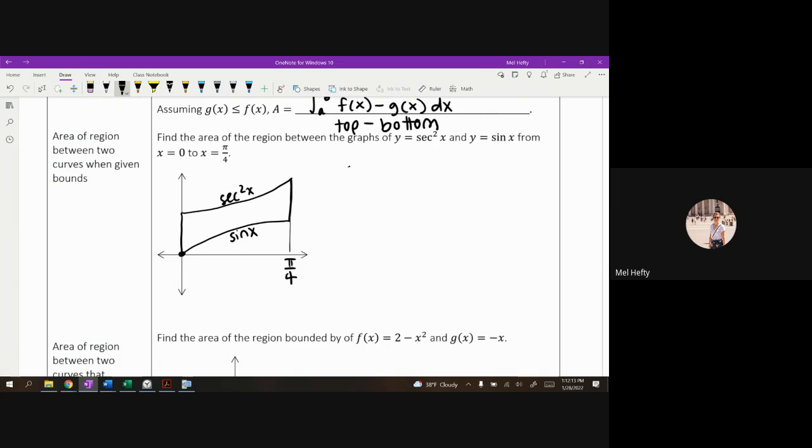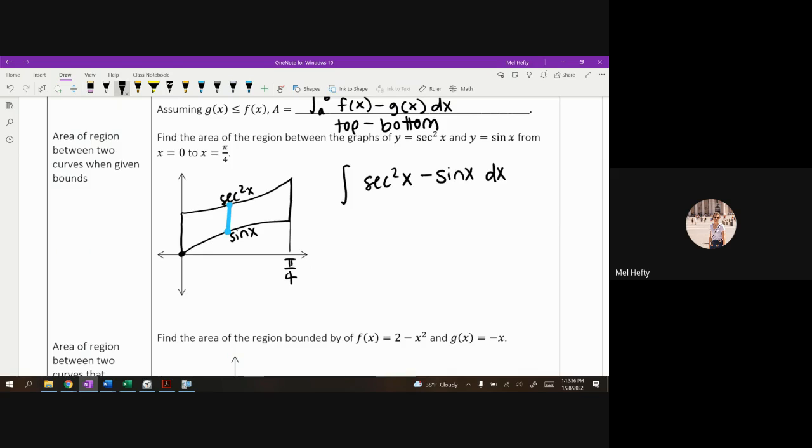All right, so let's set up our integral. We're going to do the top function minus the bottom function to represent this vertical distance between our graphs. So to me, that looks like secant squared minus sine x.